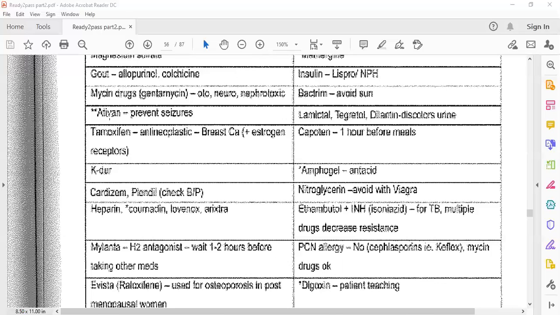Before driving a car or dealing with heavy machinery. So you have to keep a note: Ativan is a benzodiazepine, and benzodiazepines we use for anxiety.